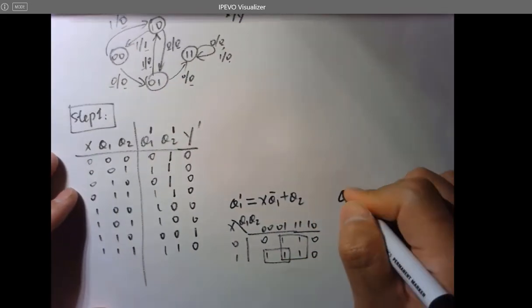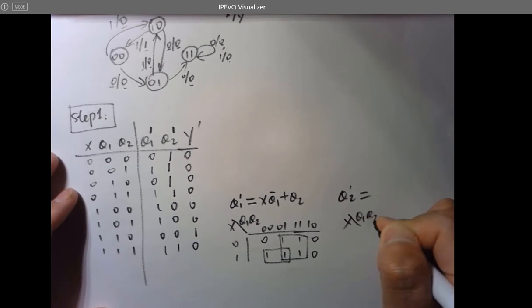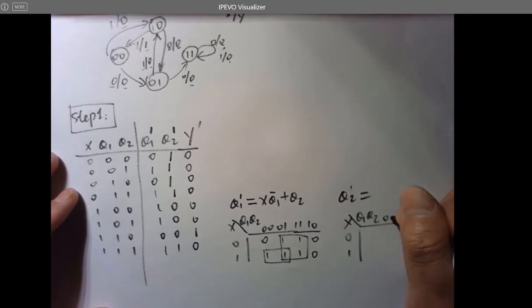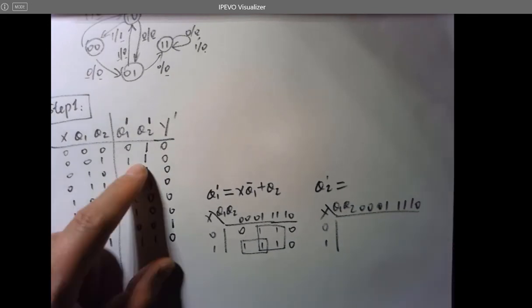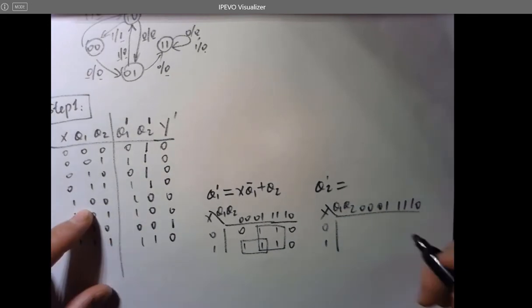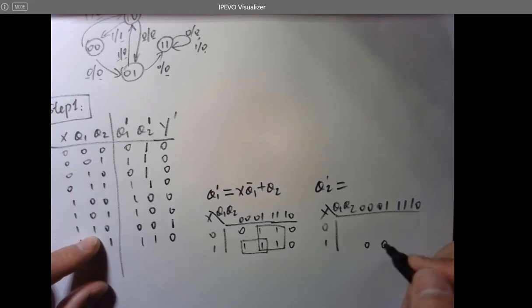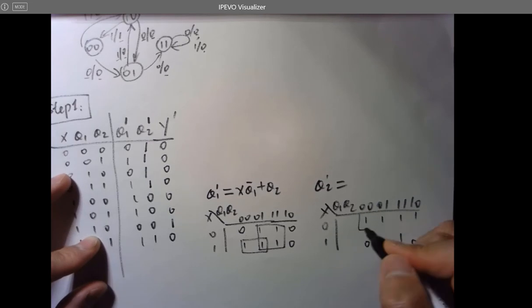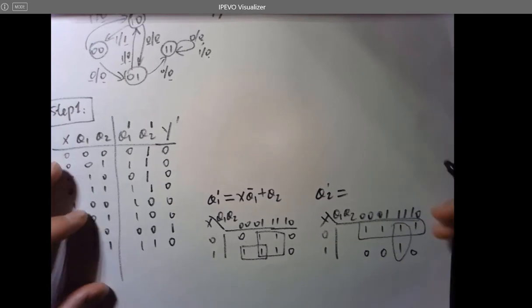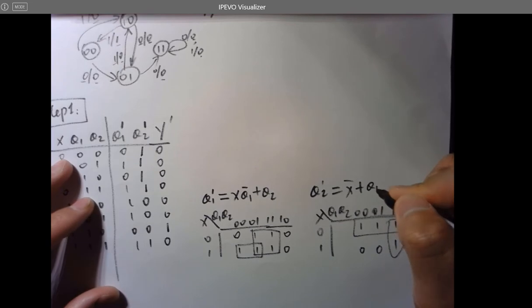What about Q2 prime? For Q2 prime, you have 3 zeros: 100 here, 101 here, 110 here, and all the rest of them are ones. Group them, and you are getting X naught or Q1 Q2.